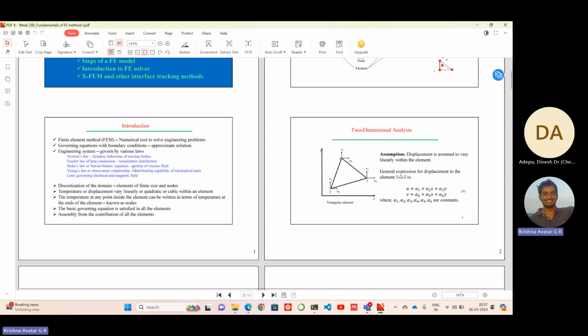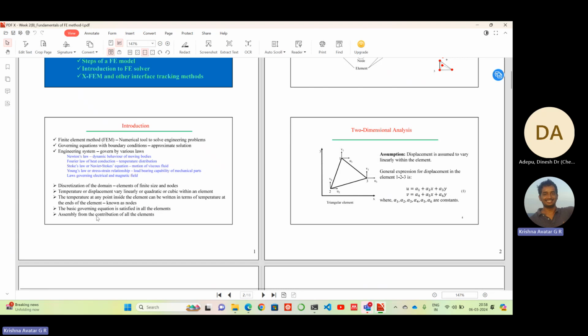So the finite element method is a numerical tool to solve engineering problems, right? Our goal is to determine the approximate solution. So we discretize the domain into elements of finite size and nodes. Then temperature can vary linearly, quadratically, or cubically within an element, depending on which shape functions we use to approximate the variation of the information within an element.